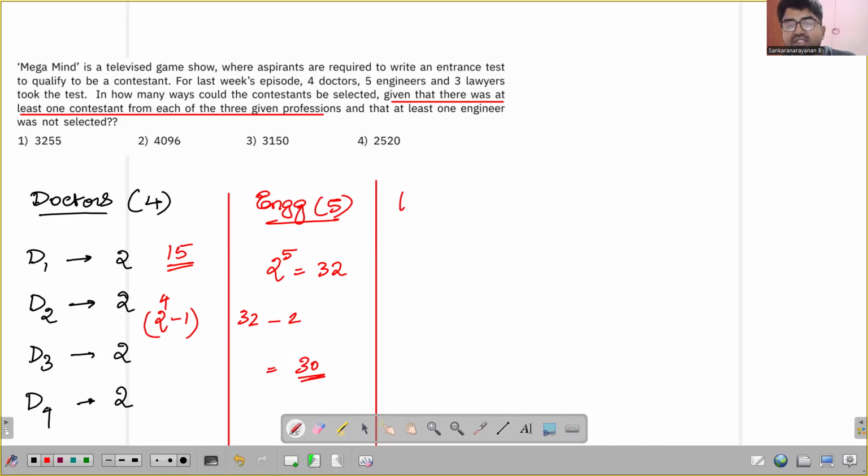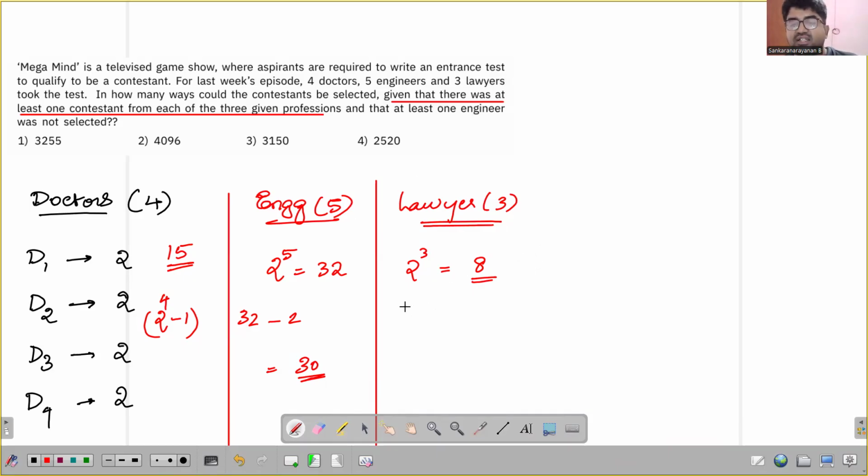What about lawyers? When you are dealing with the lawyers, altogether 3 lawyers are there. No other specific conditions are set. So the total number of ways that you can deal with lawyers is 2 power 3, that is equal to 8. But in this 8, there is one possibility where none of the lawyers are selected.